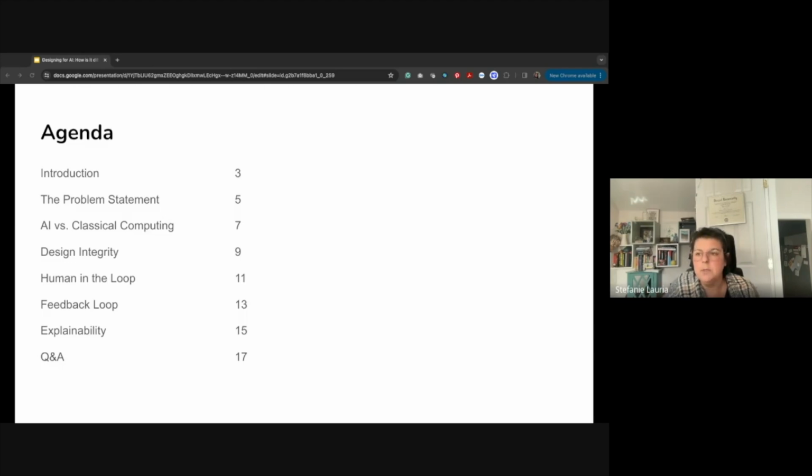After that, we'll talk about the difference between AI and classical computing. What is the real difference between the two? We'll talk about designing with integrity. What does that mean? What should we be doing as designers to make sure the user understands that they are interacting with an AI and not just with traditional software?